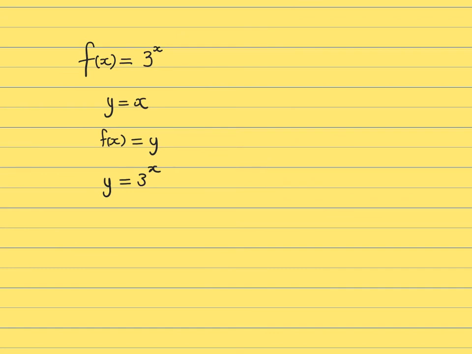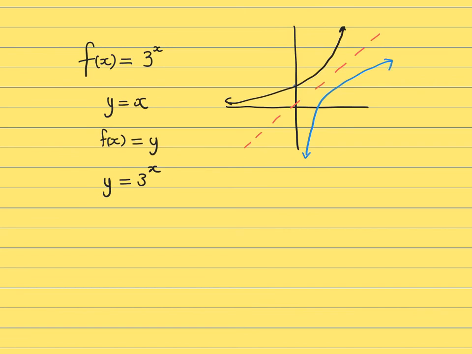An exponential function is visualized as follows. On a Cartesian plane, we would have an exponential graph heading up like that. Again, we would be able to say that it was going to be mirrored on the y equals x line, and so its inverse would be the line that comes down here, where every point is mirrored equally.